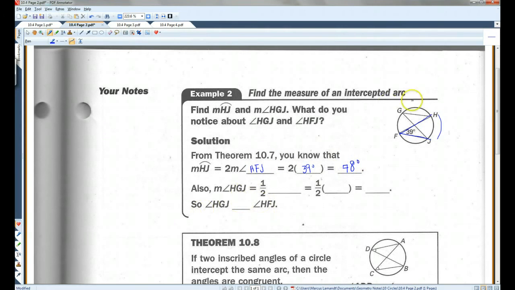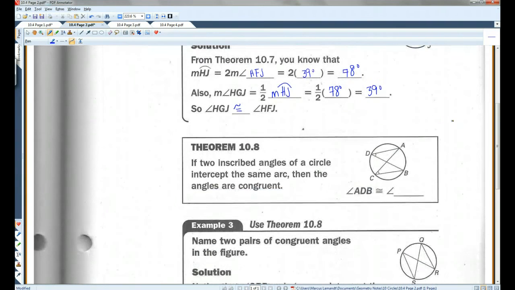Also, the measure of angle HGJ, that's this angle, equals half this arc. So it's 1/2 78 degrees, which is 39 degrees. So these angles are congruent, which makes sense because they open up into the same arc.